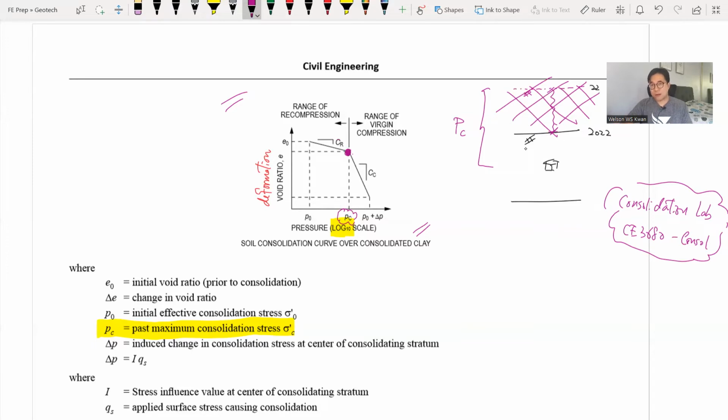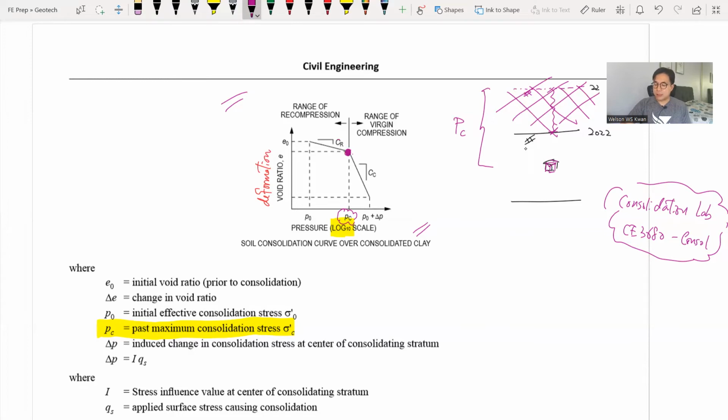Again, this graph tells you how the clay site will perform when under stress or loading. It depends on the maximum past pressure that it has experienced, and also the corresponding stress level, whether less than or higher than that.